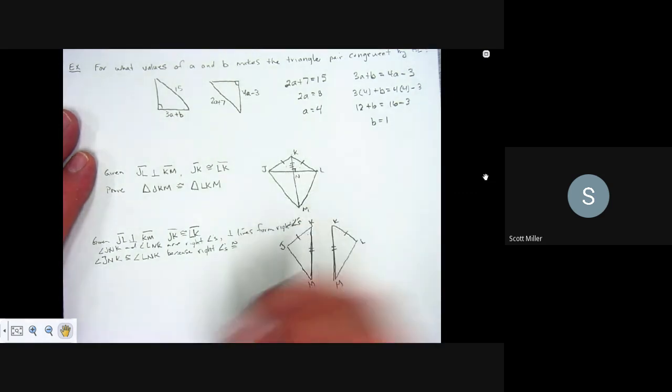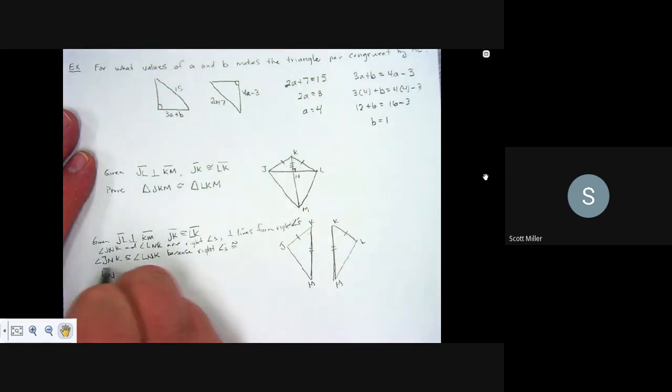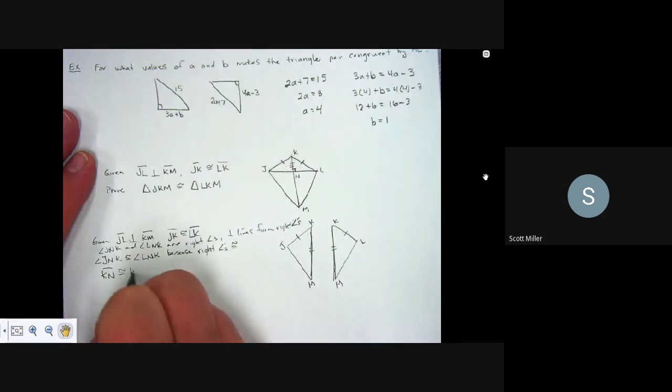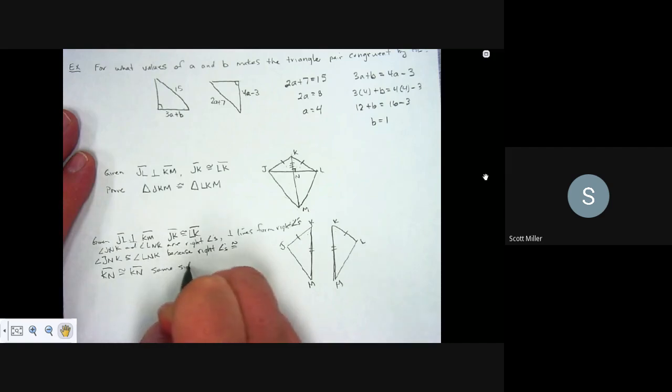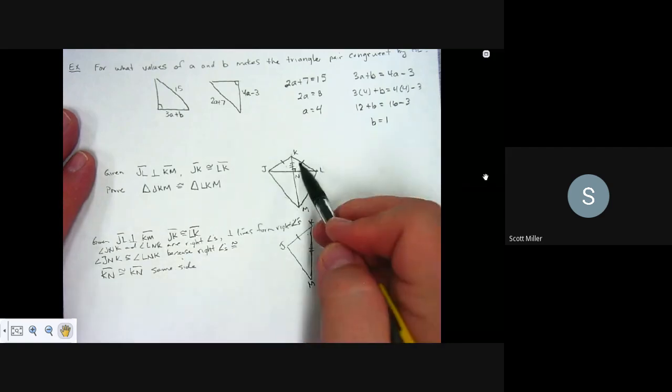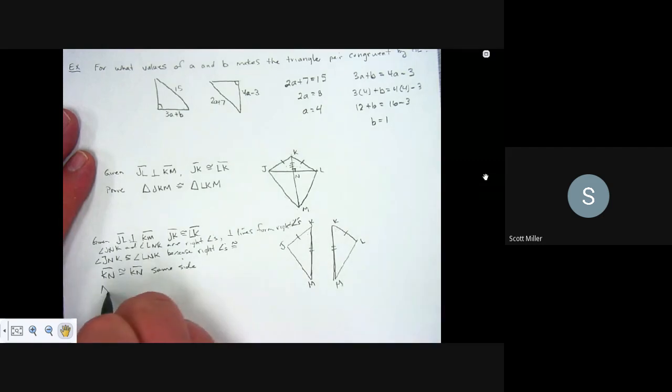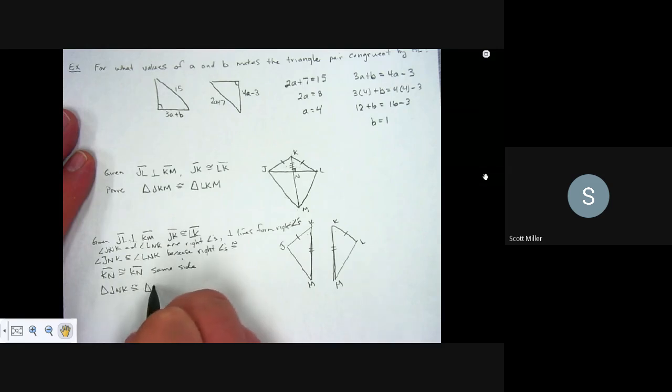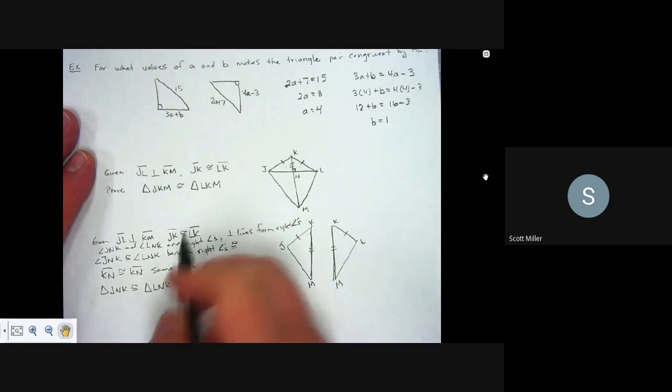I can say that KN is congruent to KN because it's the same side. I've now shown that these two triangles are congruent by hypotenuse leg. Triangle JNK is congruent to triangle LNK by hypotenuse leg.